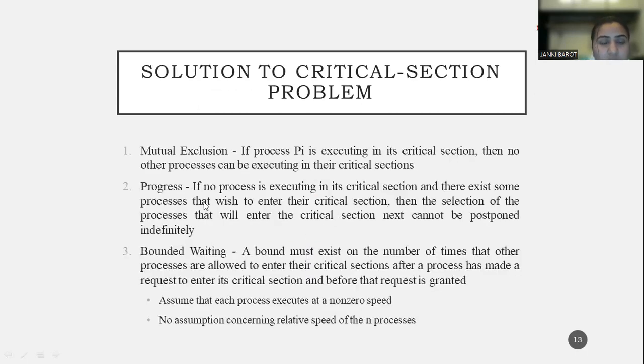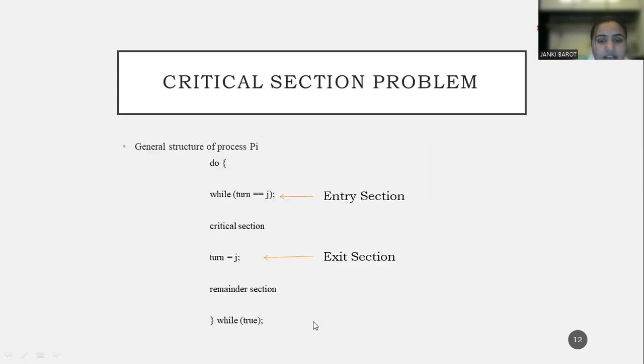So if you have three processes, that is P1, P2 and P3, okay?